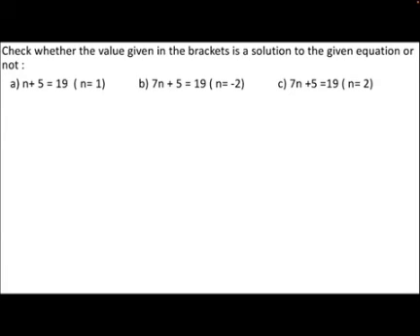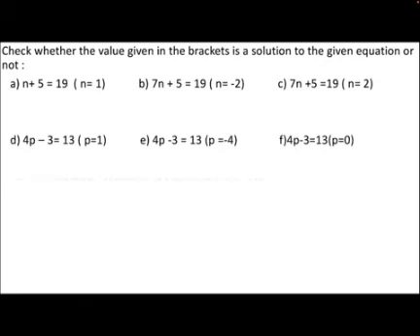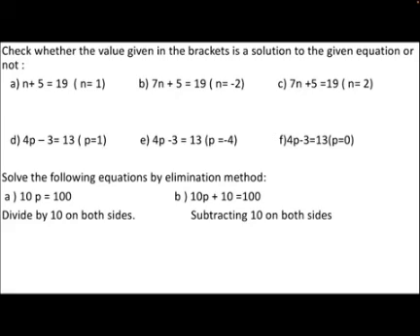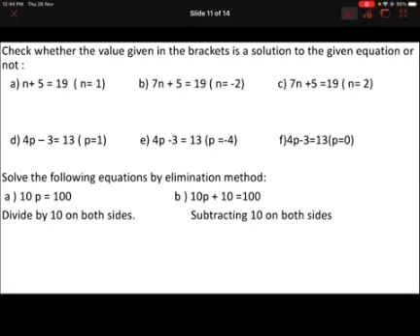Next, check whether the value given in the brackets is a solution to the given equation or not. Now n equals 1, you have to say yes or no if the equation is satisfied or not.